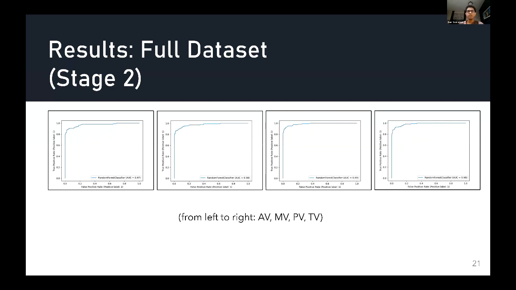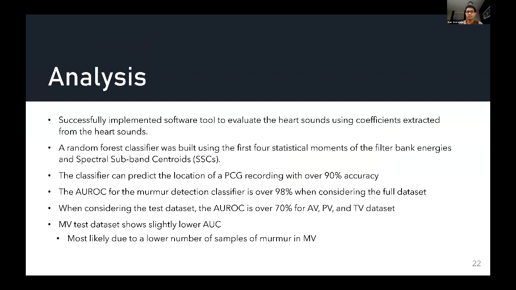So in combination with stage one, this is able to produce a complete system for murmur detection, heart sound location prediction, as well as murmur location detection. So this is a successful implementation of a random forest classifier model for predicting heart sound and murmur location.